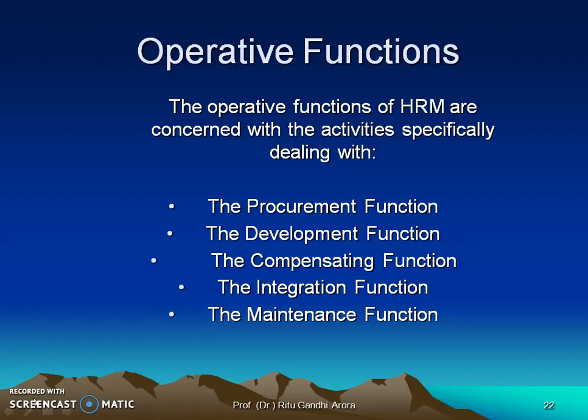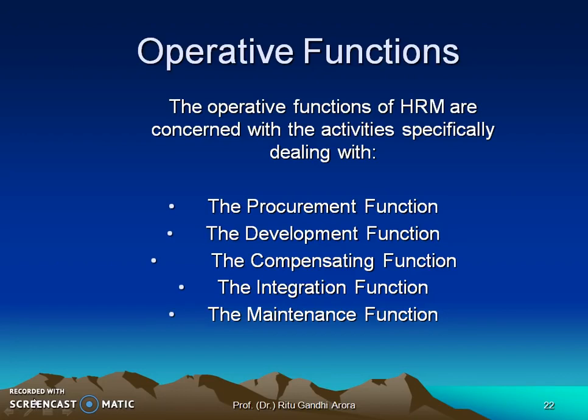So in manpower planning or in the procurement function, we try to have people from the market according to the needs of the organization. That is, how many people we want for an organization, for which particular department we want people, what category of people we need, what qualifications and skills are required for the people to be hired in an organization.